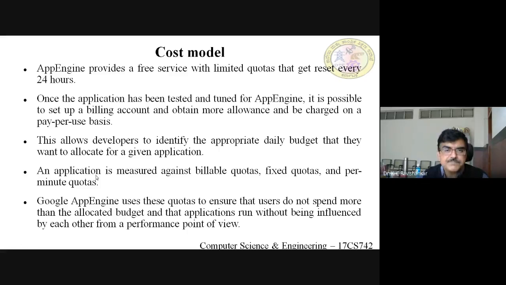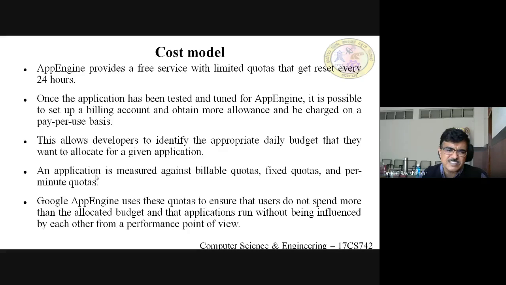Cost model. App Engine provides a free service with limited quotas that get reset every 24 hours. Once the application has been tested and tuned for App Engine, it is possible to set up a billing account, obtain more allowance, and be charged on a pay-per-use basis. This allows developers to identify the appropriate daily budget that they want to allocate for a given application.